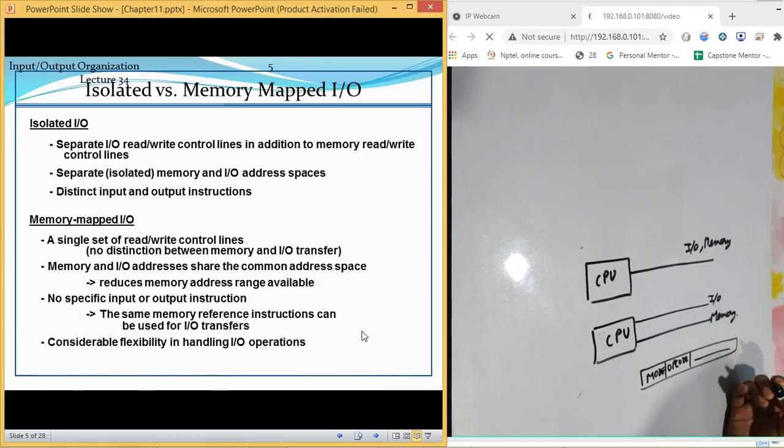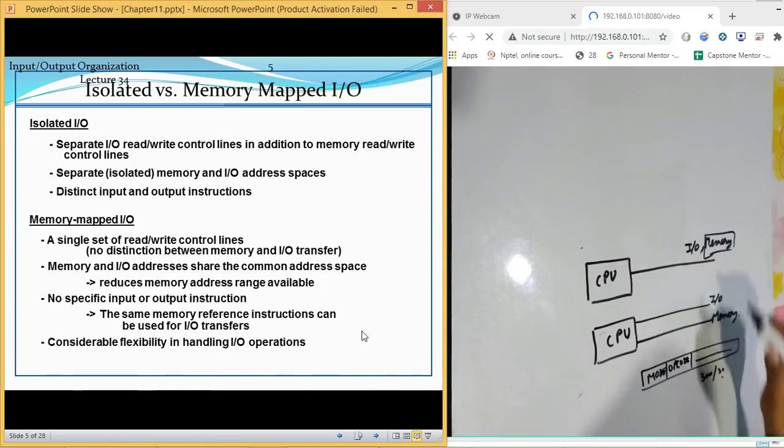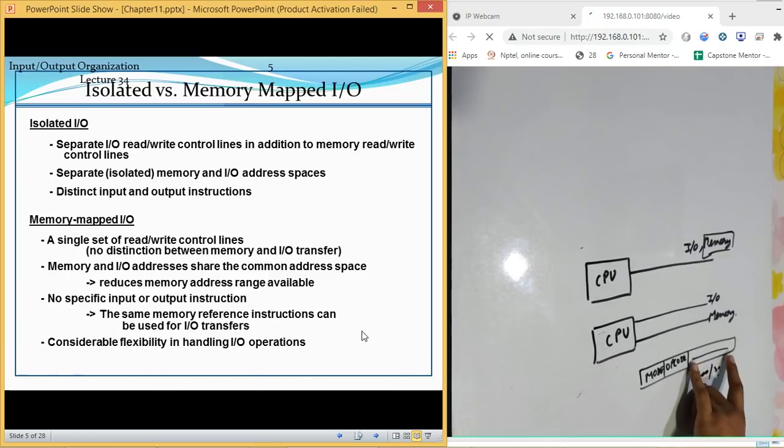Like we can create a difference, like the first 300 addresses, if we refer to all those, they will be related to input output, and if I move above 300, they are related to memory. So such a setup is used in the case of memory mapped input output. There is a common address space which is shared by input output and memory.